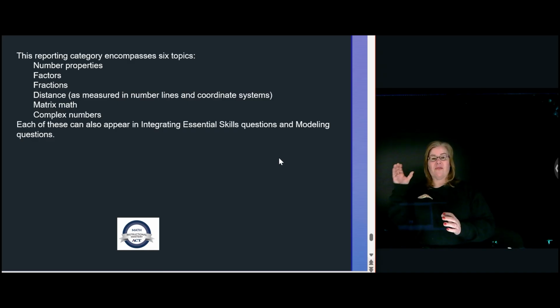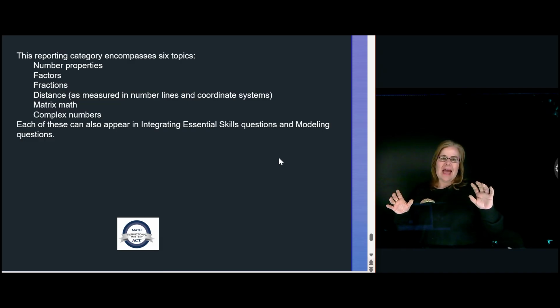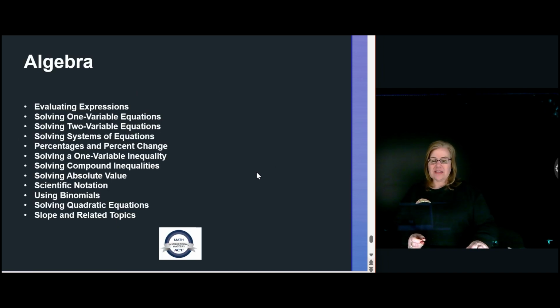Just because it's a fraction doesn't mean it can't be used with proportions or distances, so you can have these woven in together. It can also be in some of the modeling questions. So you want to make sure that you are paying attention to all of these different factors, contents and concepts.